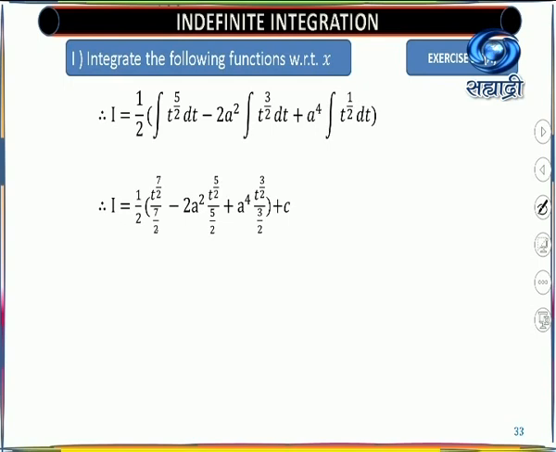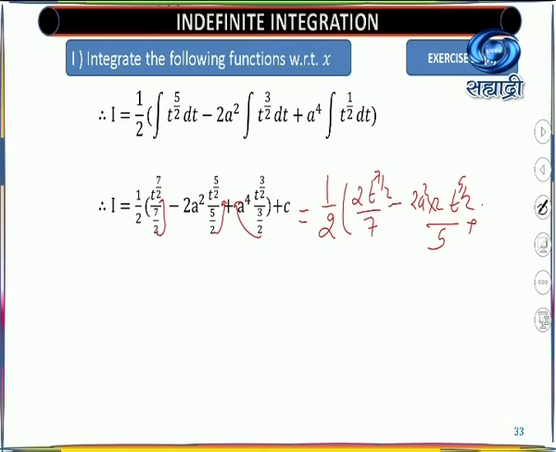Now look at here, this 2 goes to the numerator. So what way you will write this? This is half into 2 into t raised to 7 by 2 upon 7. So you will get 7 here, minus 2a square, again this 2 goes to the numerator, so you will get into 2 t raised to 5 by 2 upon 5, and plus here also 2 goes to the numerator, so you will get 2 into a raised to 4 t raised to 3 by 2 upon 3.